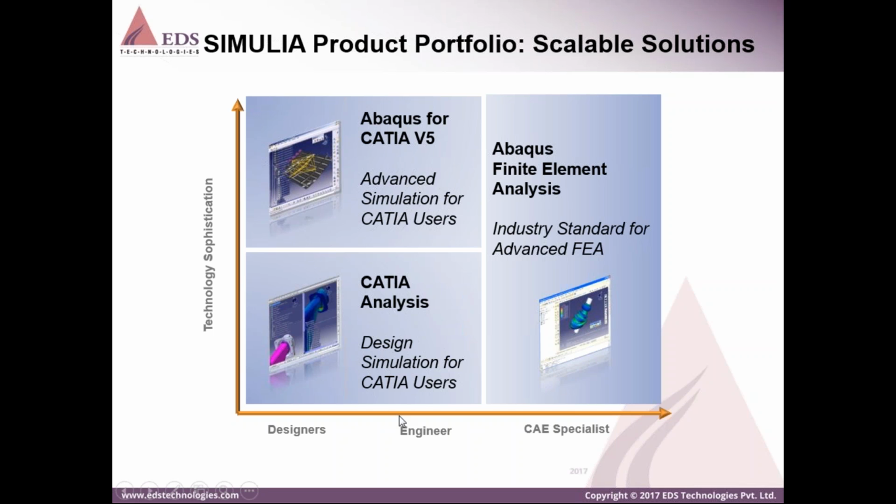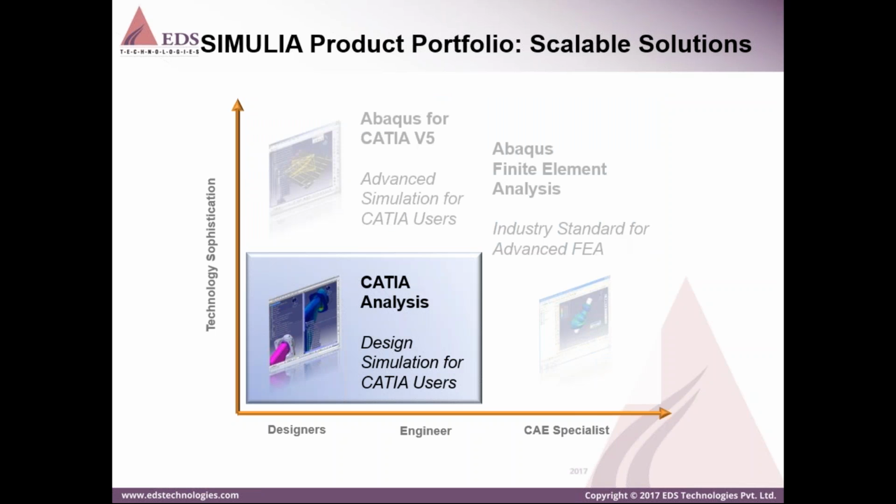These analysis capabilities can be integrated, built in, in the same CATIA environment. Along with that, for advanced simulation options, we have Abaqus for CATIA V5. For nonlinear, higher-end analysis, Abaqus is the software in this SIMULIA brand that can be used. So for today's webinar, we'll be concentrating on these CATIA analysis capabilities.